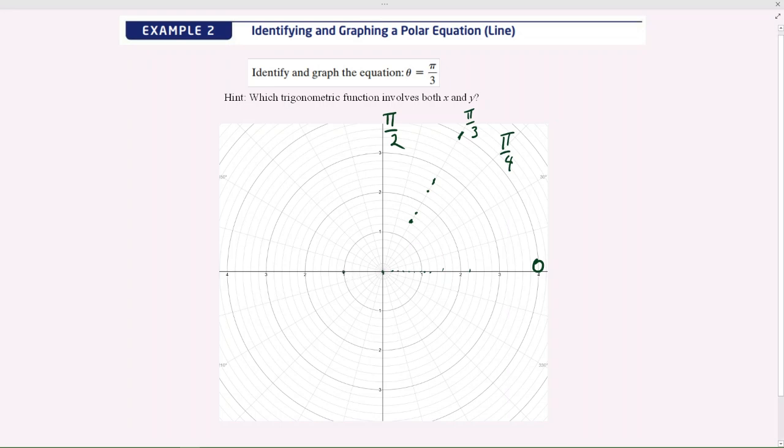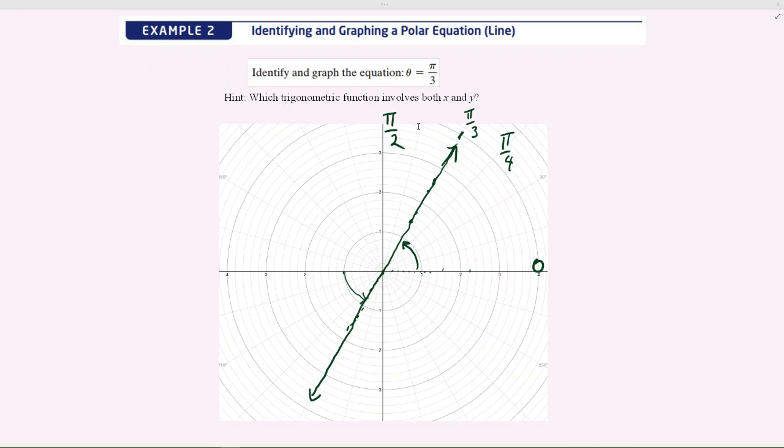So if I do a counterclockwise pi over 3, then that's going to take me down here. Okay, so everywhere I land as a point on the polar axis, I'm going to be displaced to the angle pi over 3. So that's going to create this straight line that runs through the pole. And it looks like that.